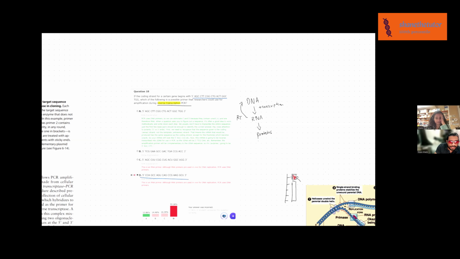And the template strand is used to make the next DNA strand, which would be complementary to the template strand, which would then be the coding strand.